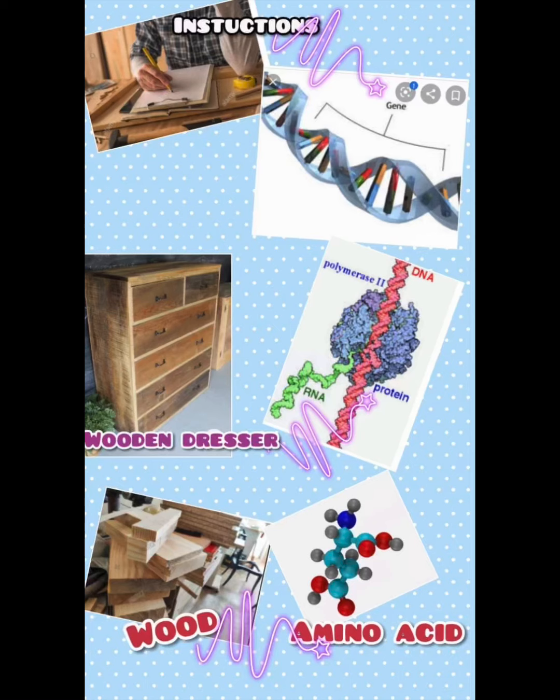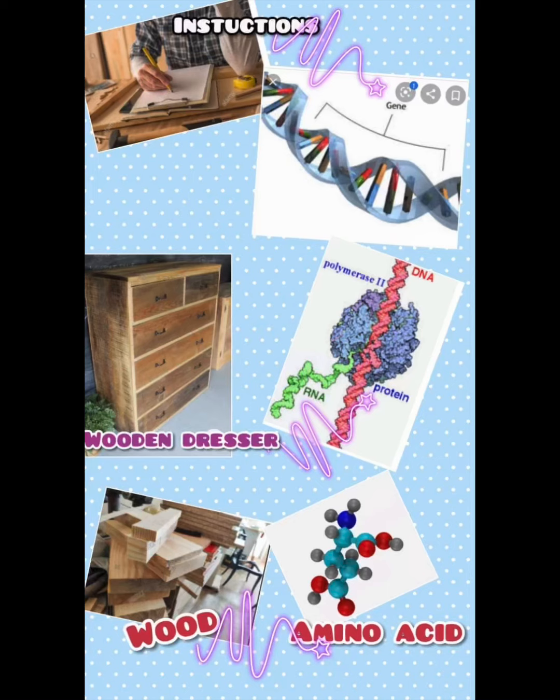The instructions for the wooden dresser you chose represent a single gene. As you may know, each gene contains the instructions needed to make a single type of protein. The finished dresser then represents the protein product.